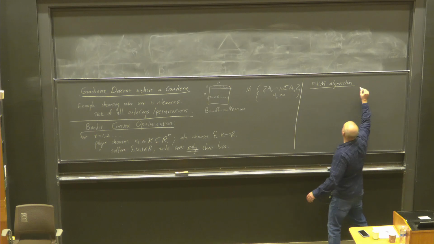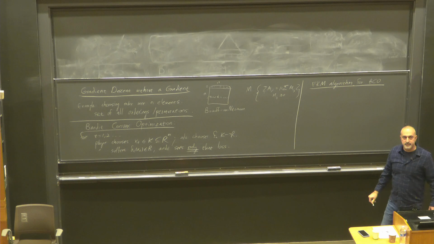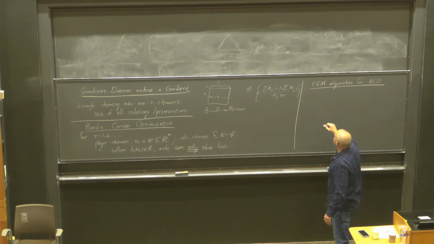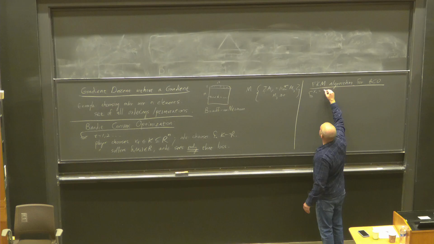It's for BCO, bandit convex optimization, the general framework. Then x1 is going to be some arbitrary point.